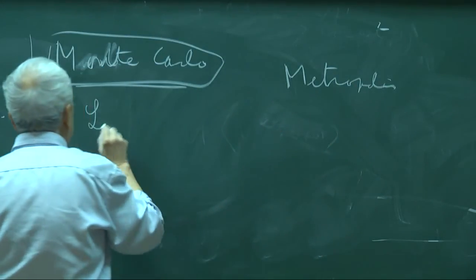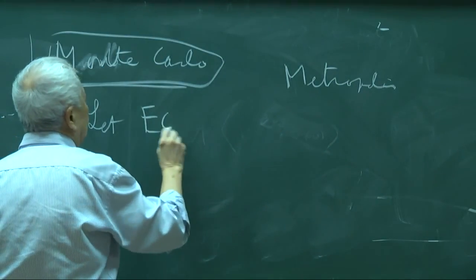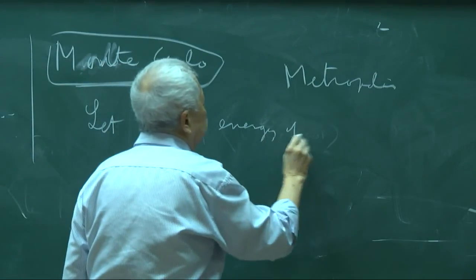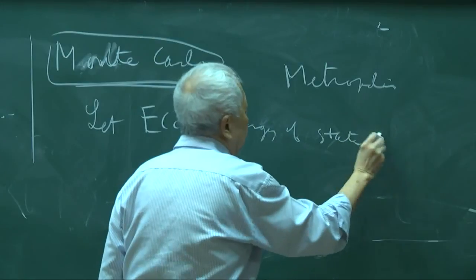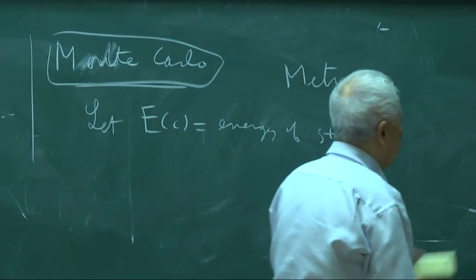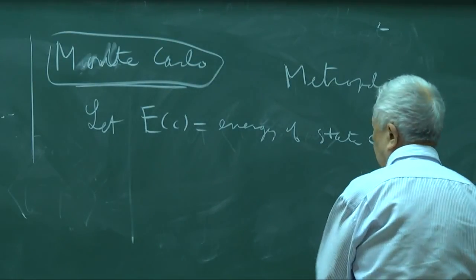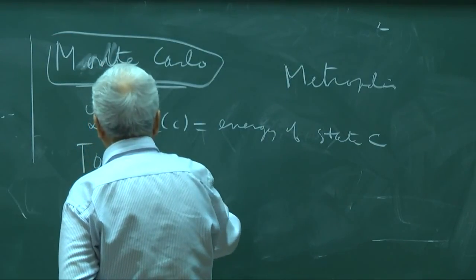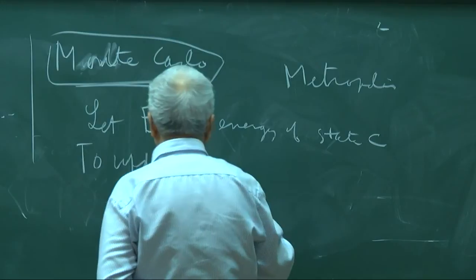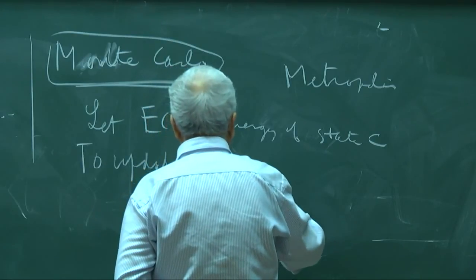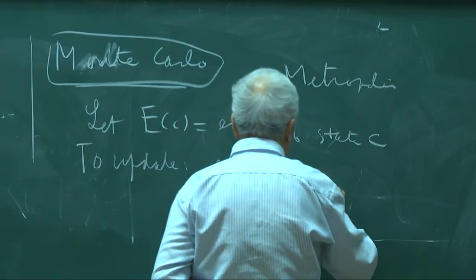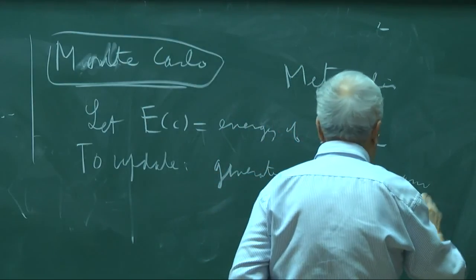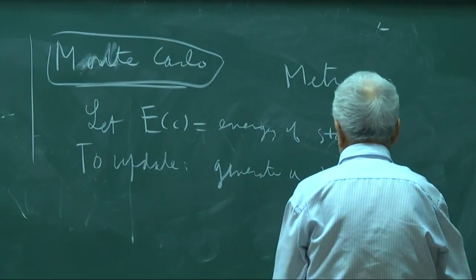First, let E_C be the energy of state C. To update, you first generate a state at random.